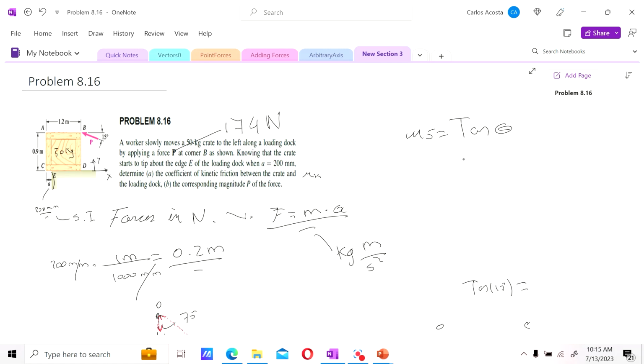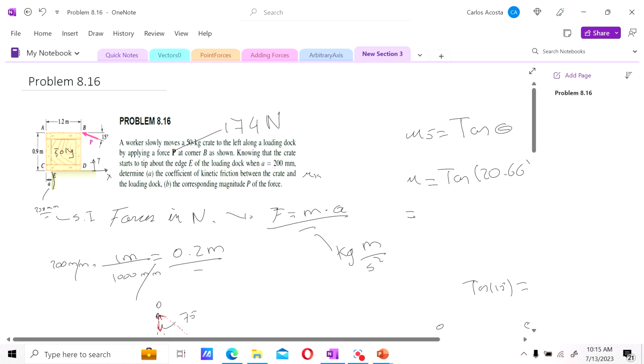So what we have to do here is that the friction coefficient is equal to the tangent of the angle that we found earlier, which was 20.66. Actually, we did that already. It was 0.3 something. Let's do it again.